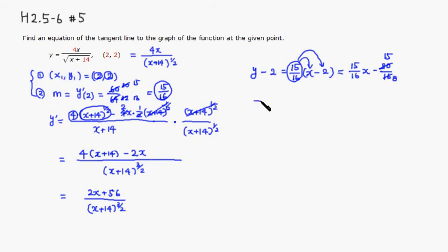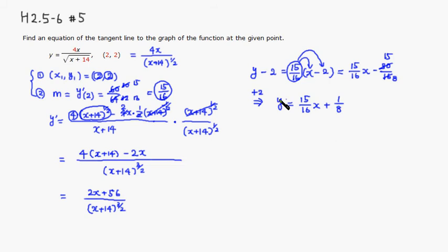The last step is we need to get rid of this negative 2 so that we can isolate y, so we're going to add 2 to that. So y is going to be equal to 15 over 16x, plus negative 15 over 8 and 2, which is 16 over 8, so it's going to be plus 1/8.